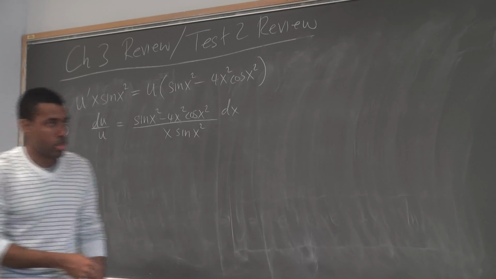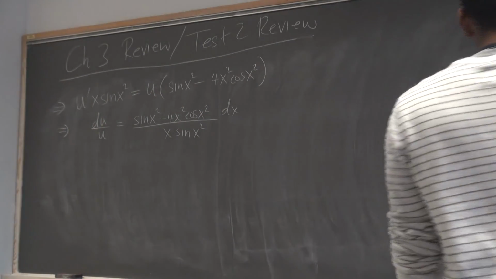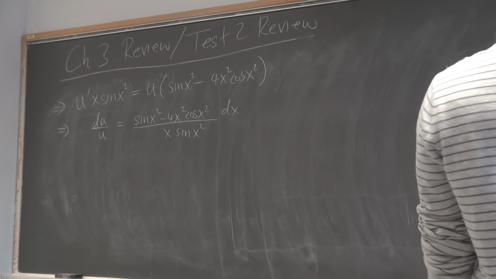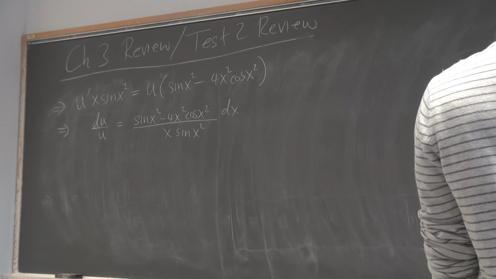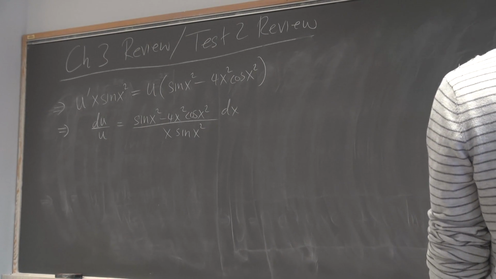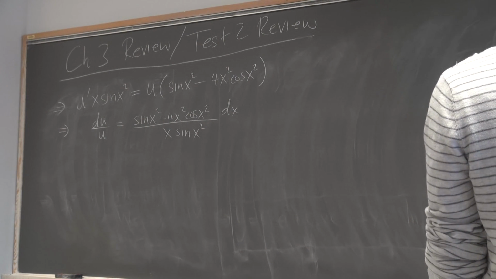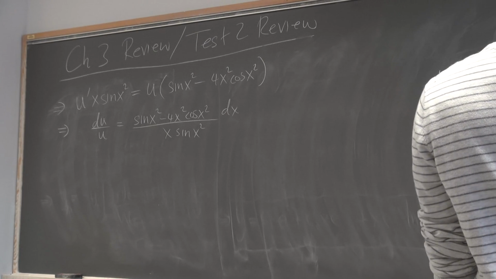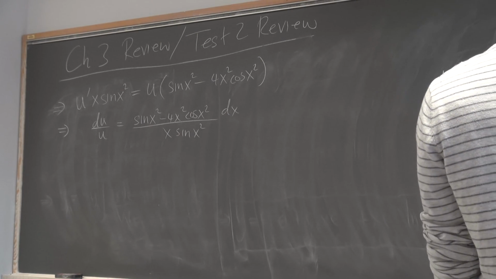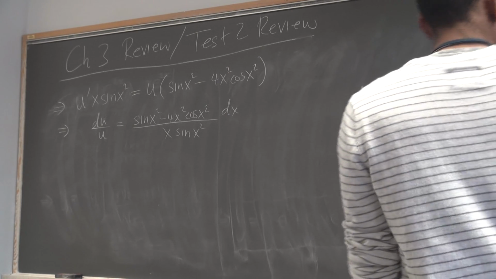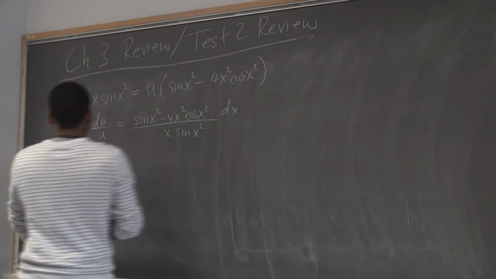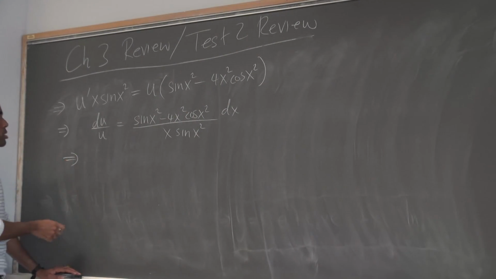Did I copy everything down correctly? We have x sine x squared, and I brought the u over, so I have sine x squared, then I have that 4x squared cosine x squared. I think we're good, right? So now we have to integrate both sides.